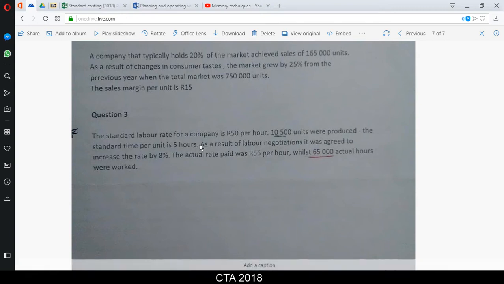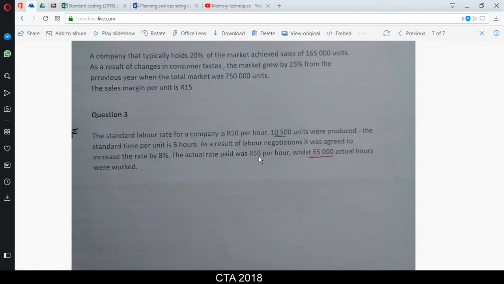So we are told that the 50 rand per hour, which is the standard rate, was revised and increased by 8%. So we know that the standard rate is 50, and the revised rate now is going to be 50 plus 8%, and the actual rate is 56.